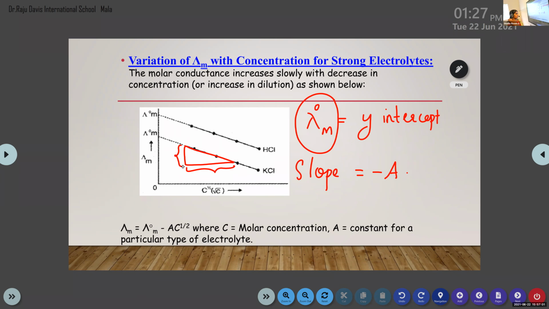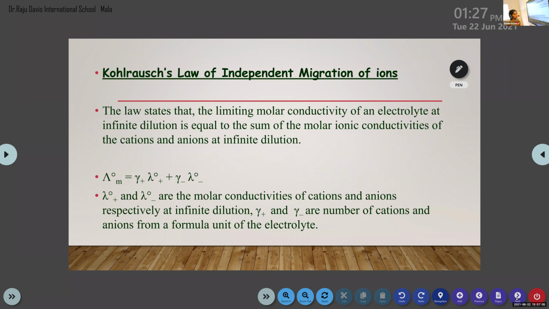The next one, we are moving to an important law. It is known as Kohlrausch's law of independent migration of ions. So we have only learned about the conductivity of strong electrolytes, right?